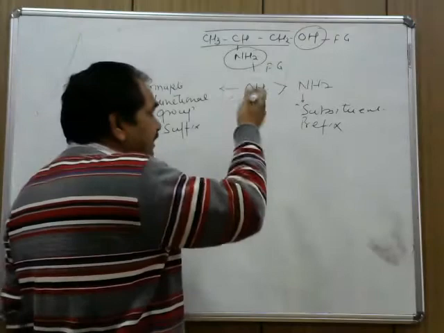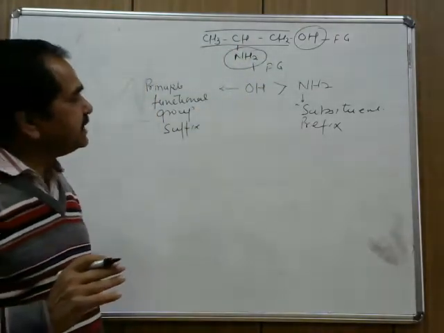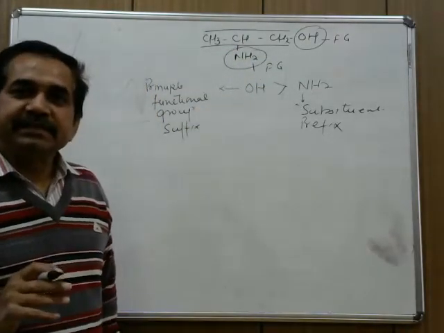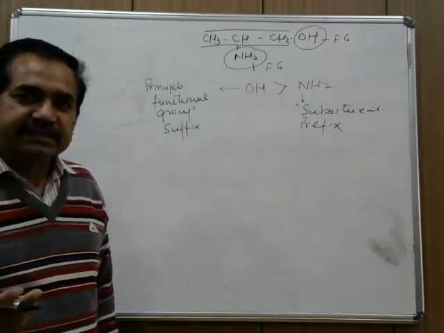So now if we are able to distinguish which one is a functional group and which one is a substituent, then we can number it.